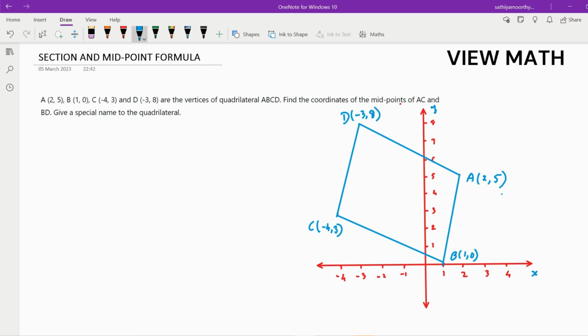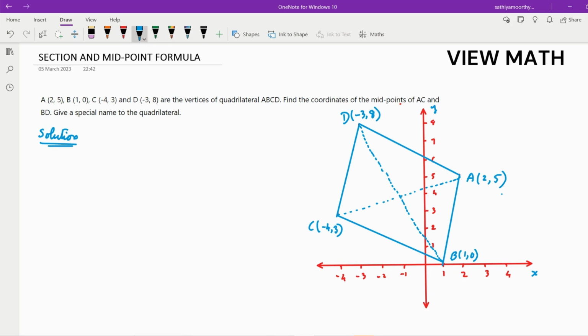Suppose if I draw a line AC, they are asking us to find the midpoint of AC, and similarly if I join BD, they are asking us to find the midpoint of BD. So let me find the midpoints of AC and BD. Solution. Then we shall name the quadrilateral.